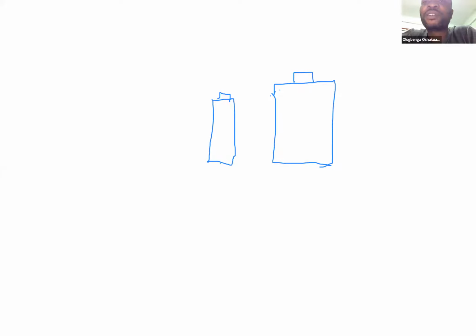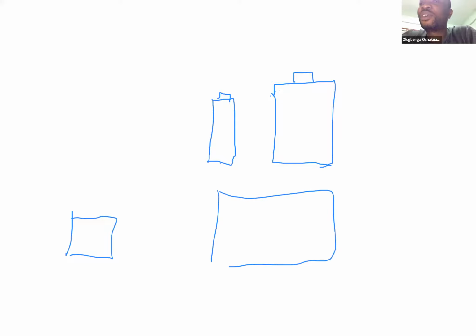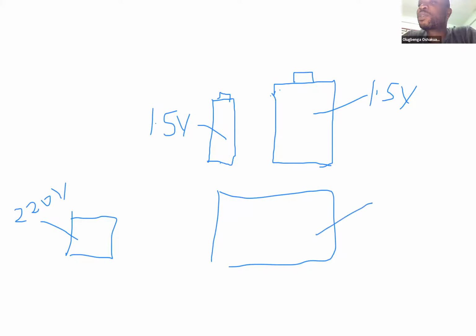Also, you must have seen generators, some small, some industrial size. The small battery is rated 1.5 volts, and the big one is also 1.5 volts. The small Tiger generator is rated 220 volts, and the big generators are also 220 volts.